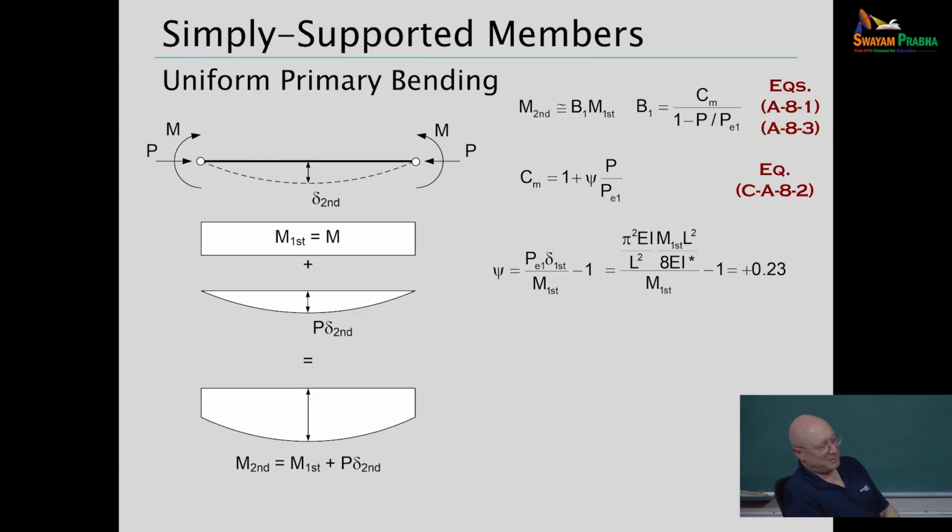Well, for this member that's subjected to uniform bending, we can calculate delta first without much trouble. That's ML squared over 8EI. PE1 is again pi squared EI over L squared. So let's put all the terms in there. We can see that the psi term for this case reduces to positive 0.23.